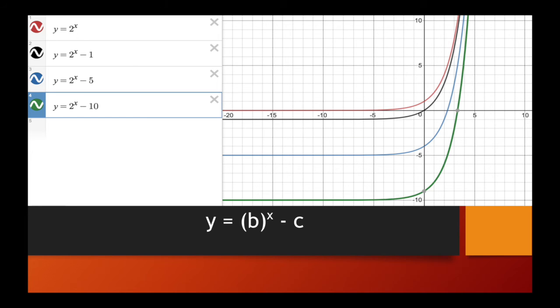All right, so now we're going to shift and look at the next one here. So now we just talked about what happens when c is added to our parent function. Now we're going to take a minute and talk about what happens when c is subtracted from our parent function. So take a minute, look at these graphs, and think about how you can explain it using that vocabulary.